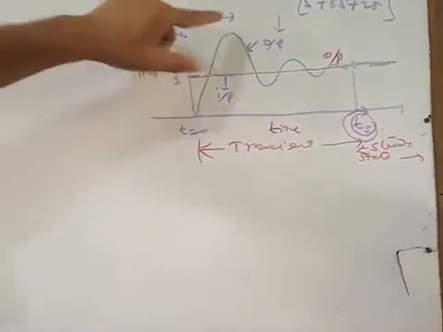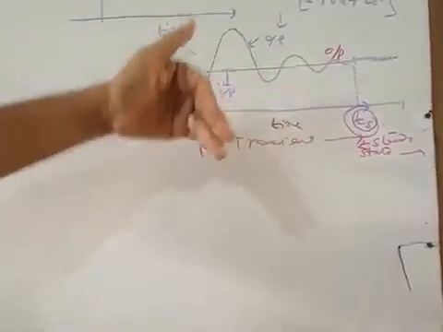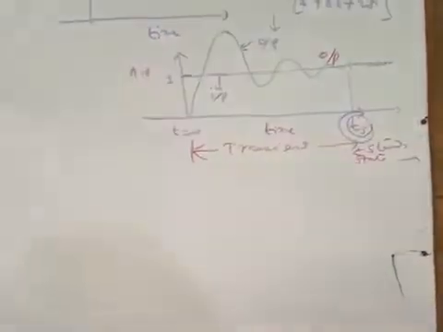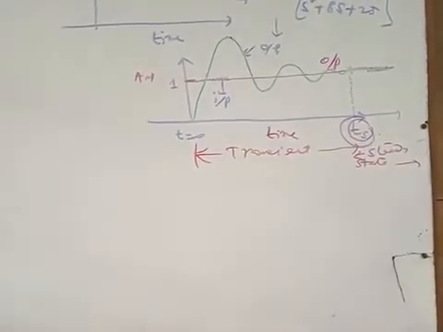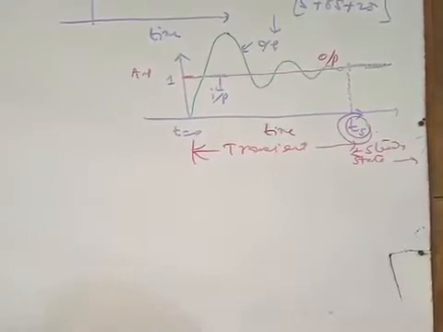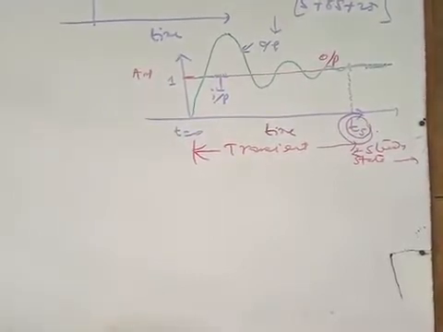This is known as the transient part. Then after a certain interval of time, the output is almost very close to the input. There may be some error, but the oscillation dies out.